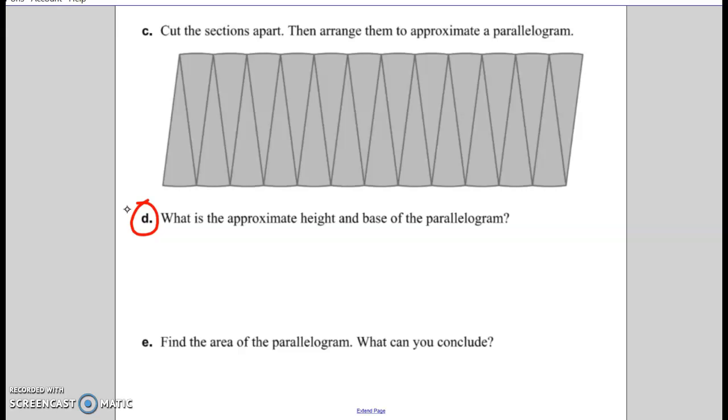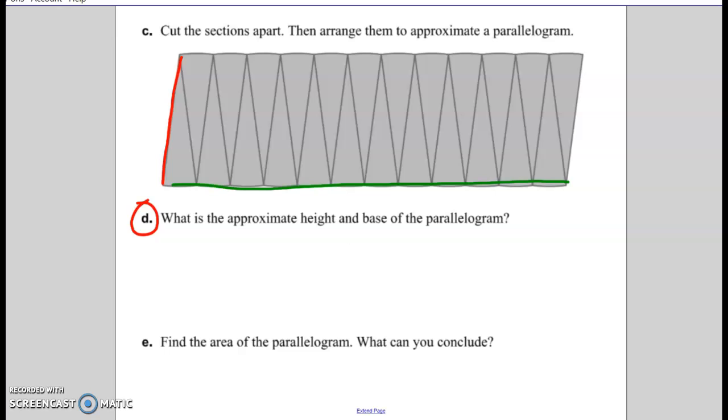Now, I am not asking you to necessarily measure the height of the parallelogram and the base of the parallelogram. What I want you to think about is the height of the parallelogram in terms of parts of a circle.